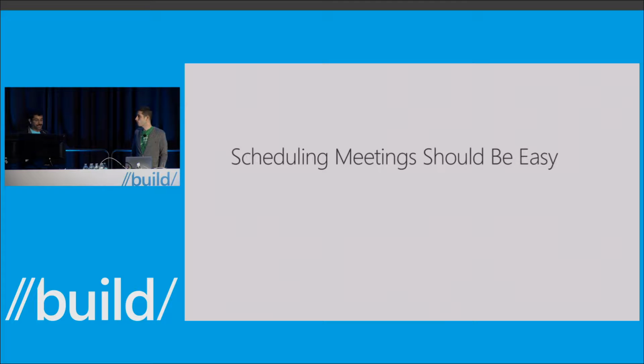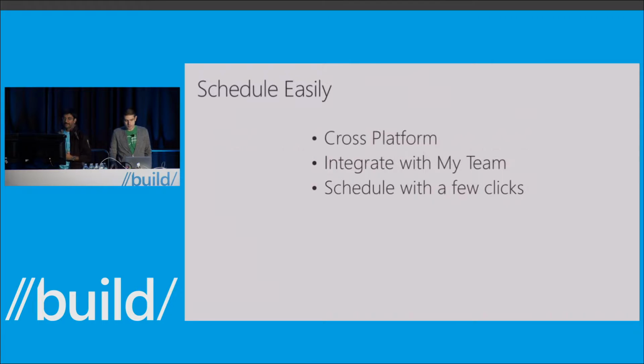So how do we build something cross-platform that can integrate with my team, me and James? We want something really quick. I just want to send an SMS, hey, come and meet me, and it can be a calendar event, so James can say, yep, I'm coming to you, or I can decline and do something else.